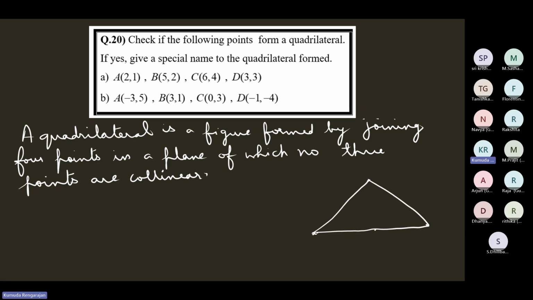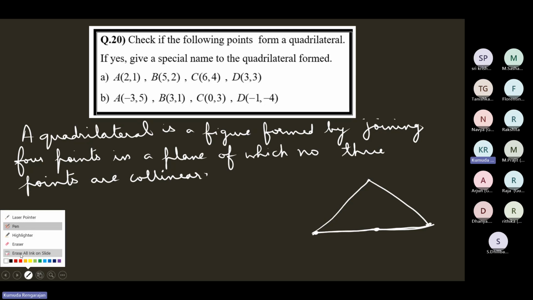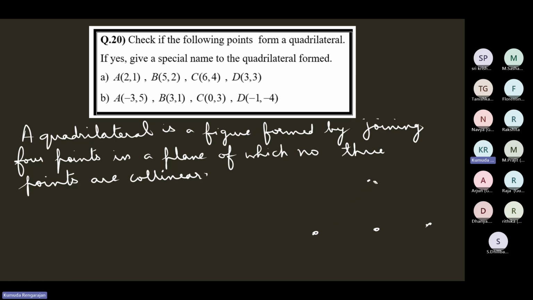Why? Because of the 4 points, 3 points are collinear. So they are connected by the same straight line, due to which we cannot get a quadrilateral, but only a triangle. That's why of the 4 points, no 3 points must be collinear.